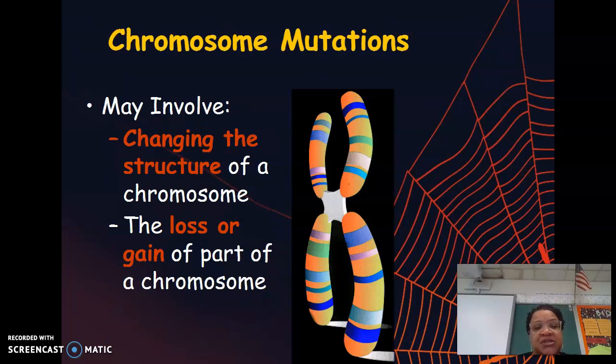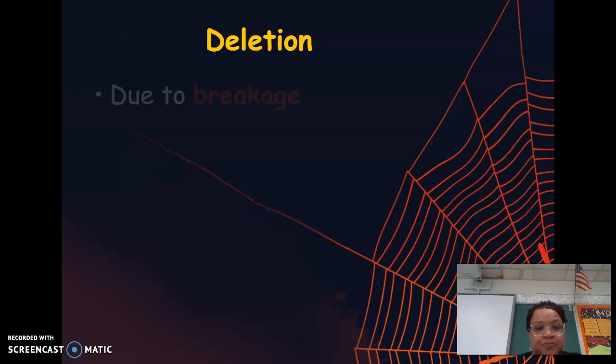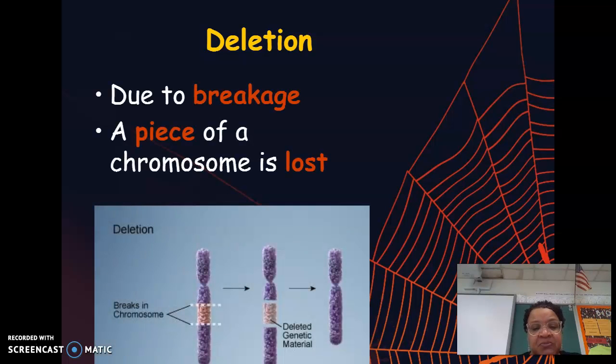So a chromosomal mutation involves changing the actual structure of a chromosome. You're either going to lose or gain a part of a chromosome. We have 5 types of chromosomal mutations. We have a deletion, inversion, translocation, non-disjunction, and duplication. A deletion is simply that. It's due to a breakage.